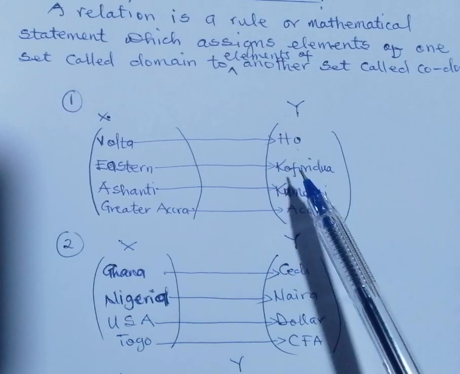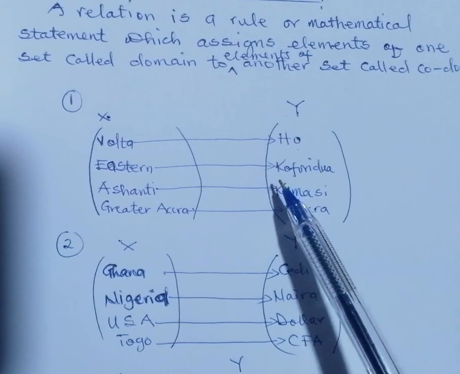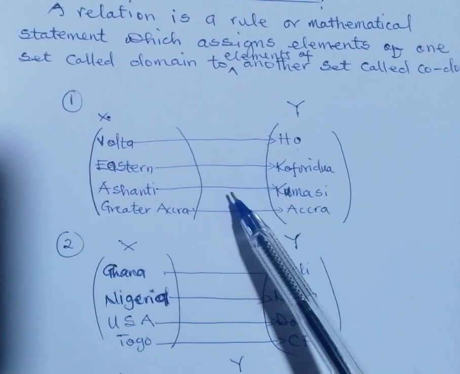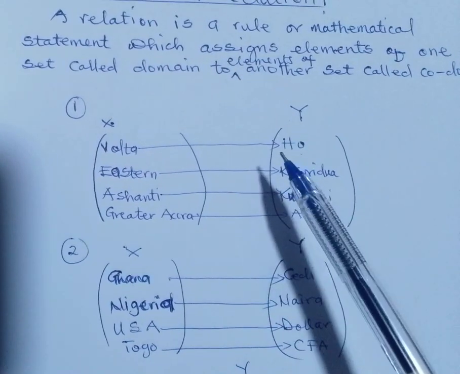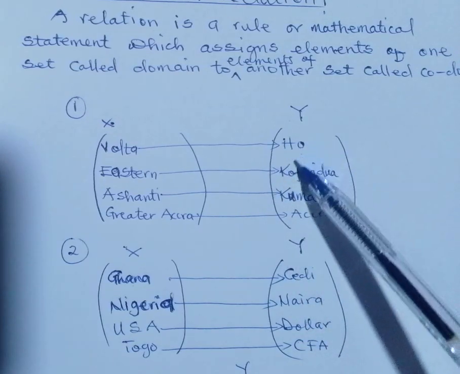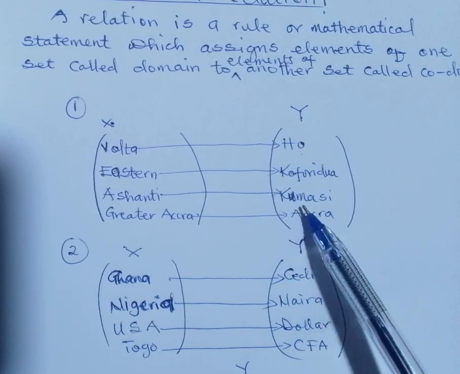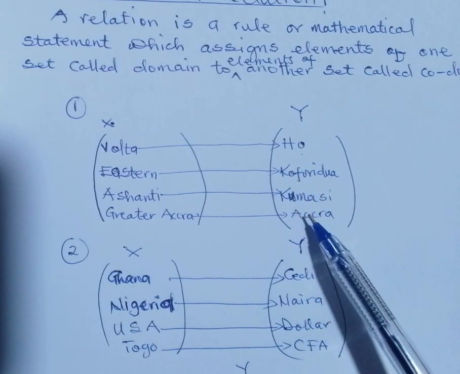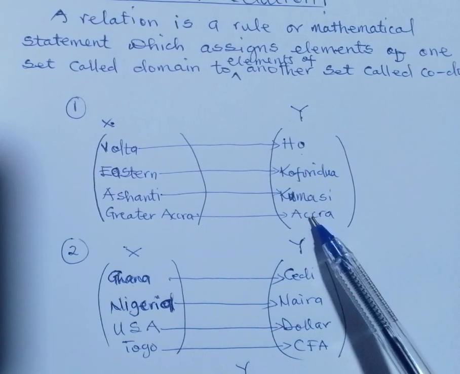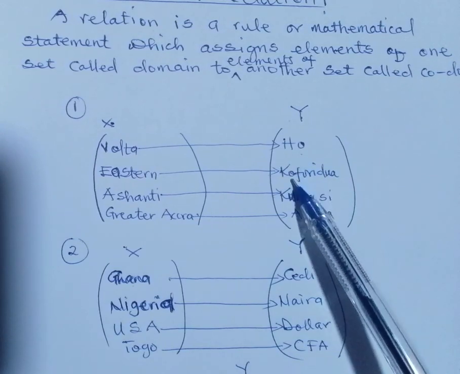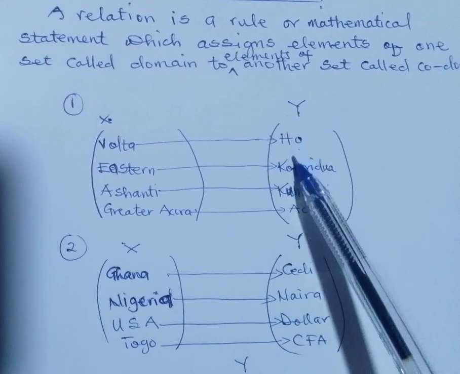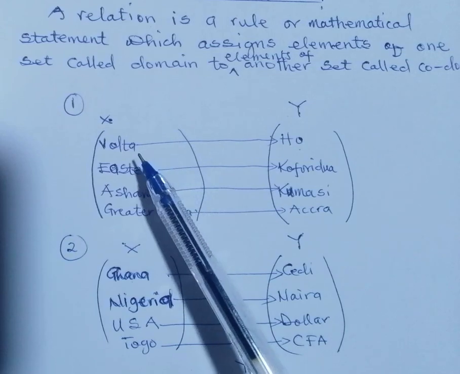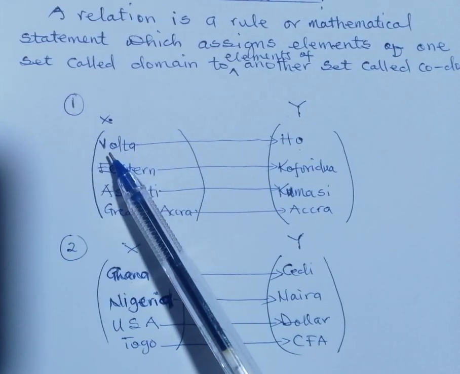So when we ask you to tell us what the dependent variables of this relation are, we are referring to the elements in the codomain. We can also call the elements in the codomain images, in the sense that they relate to elements in the domain.